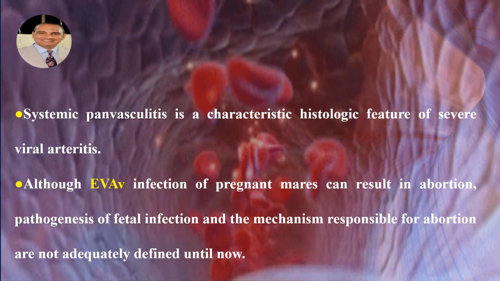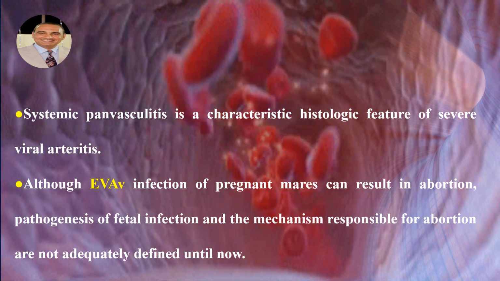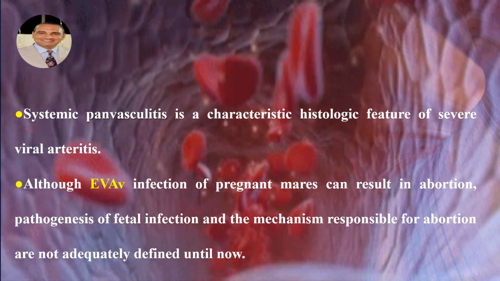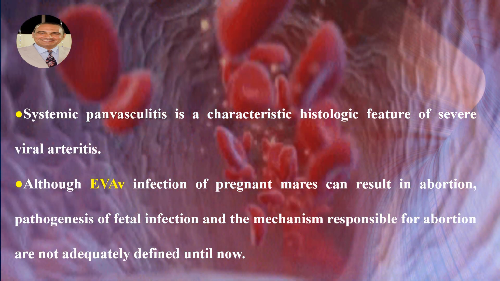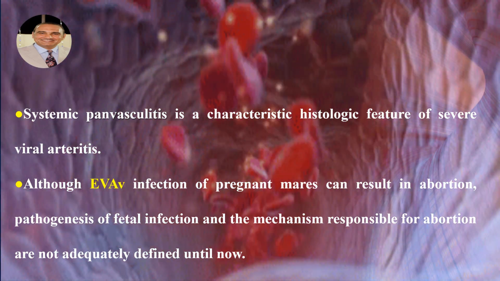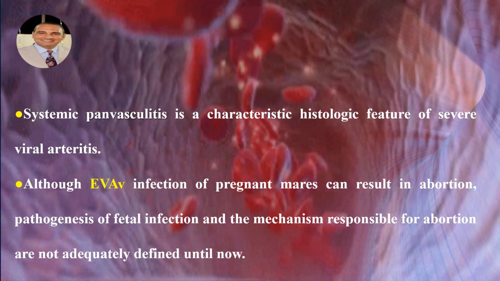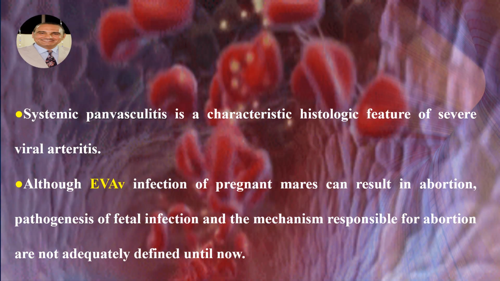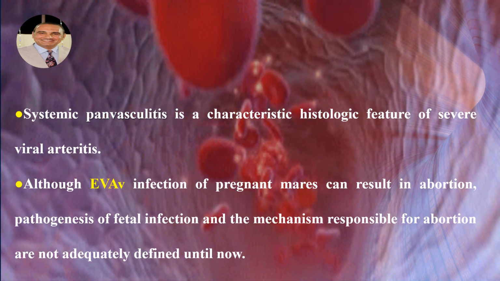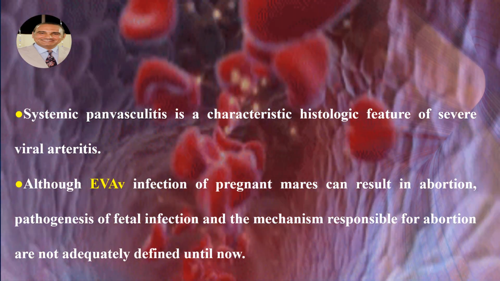Systemic panvasculitis is a characteristic histologic feature of severe viral arteritis. Although equine viral arteritis virus infection of pregnant mares can result in abortion, the pathogenesis of fetal infection and the mechanism responsible for abortion are not adequately defined until now.